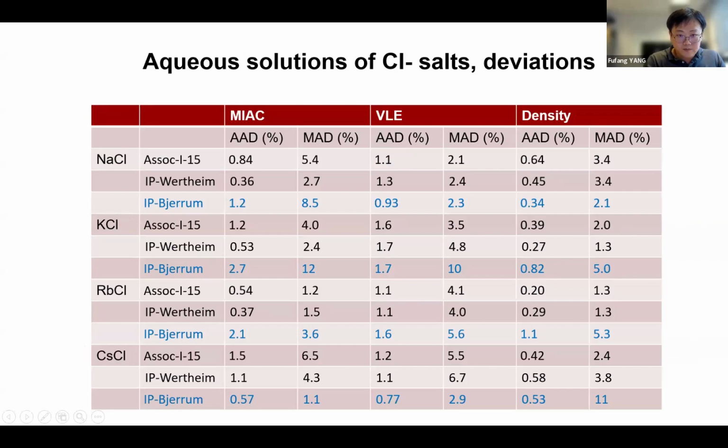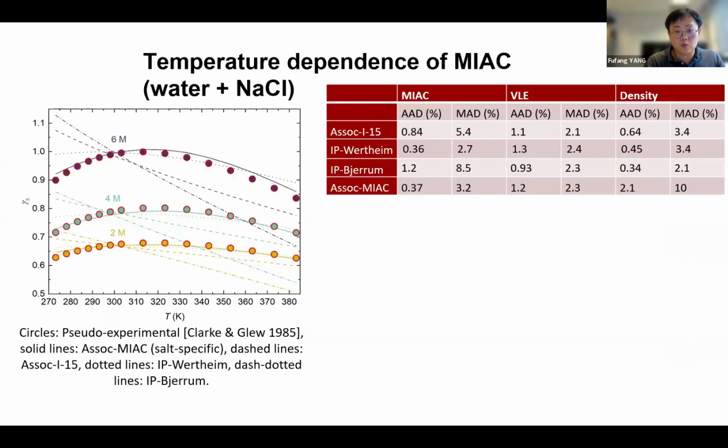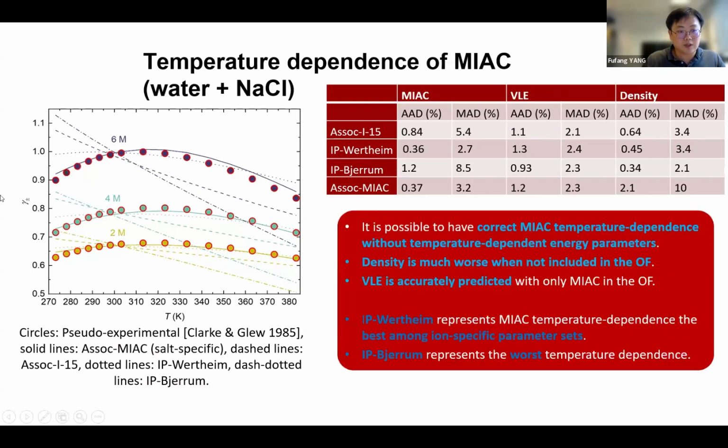And we see that for this abnormal behavior of the MIAC, this model also managed to predict it, because there is a maximum of the mean ionic activity coefficient of sodium chloride at about 315 Kelvin.